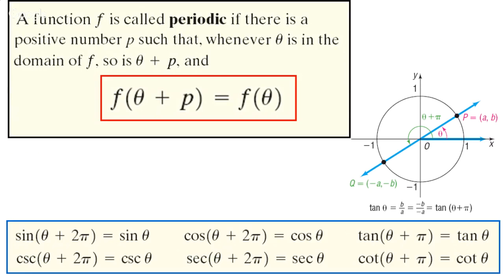So you go halfway around the circle, and tangent and cotangent have the same values as the other half. So for sine, cosine, secant, and cosecant, you have to go all the way around the circle, 2 pi, and for tangent and cotangent it's just pi.